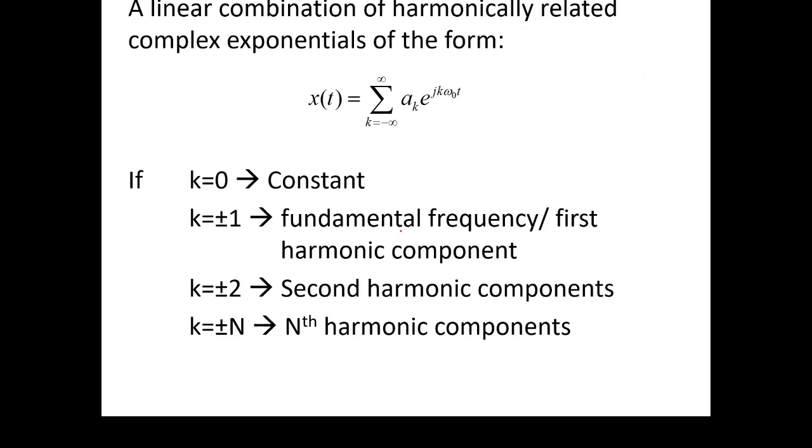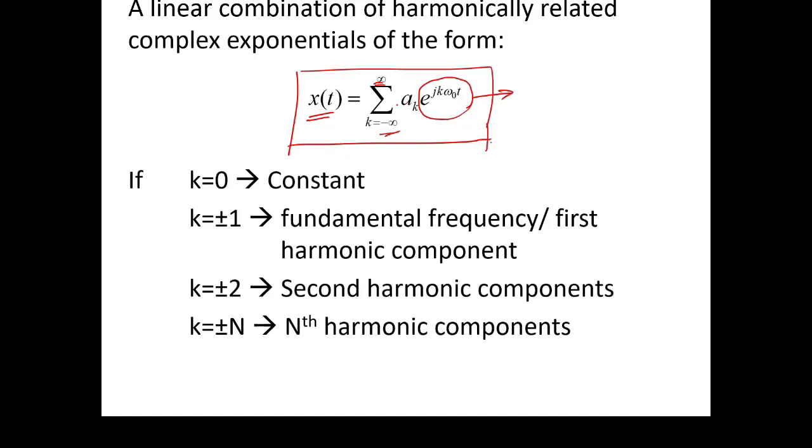Now this is the equation for the Fourier series. We have x(t), which is given by the summation of k equals minus infinity to infinity of a_k e to the power j k omega naught t. Here we have complex exponential signals, which are again periodic signals.